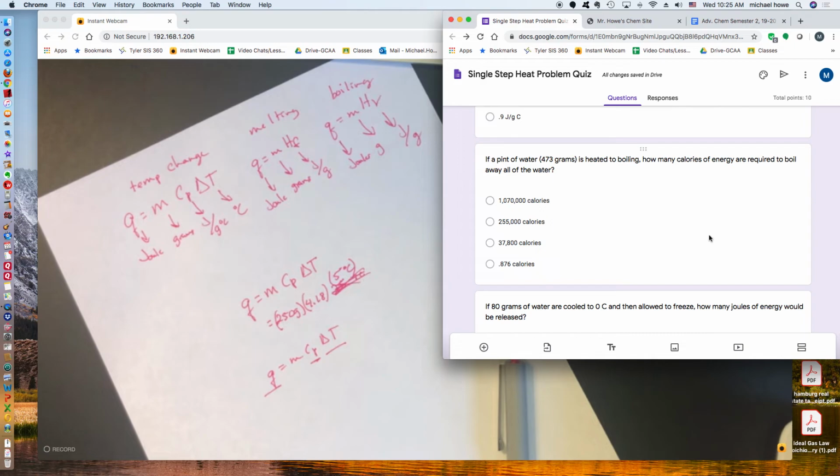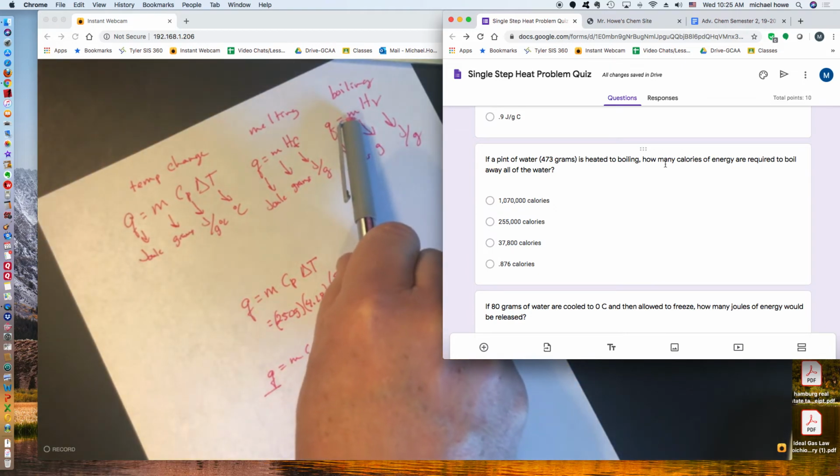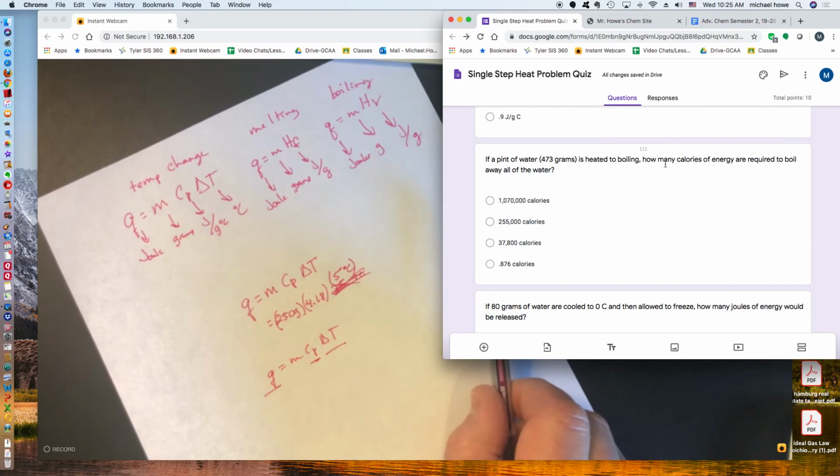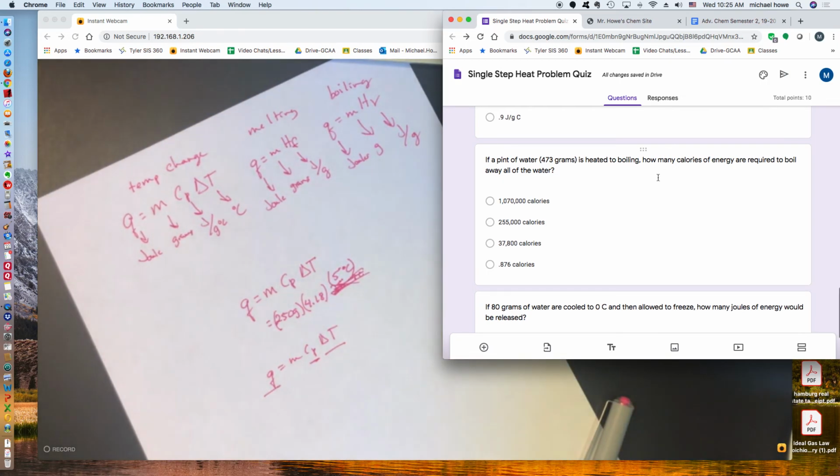And down here, when you're at the boiling point, which formula will you use? Use the one for boiling. So when you run into a problem where you're at the boiling point or you're at the melting point, then you use one of these two formulas. All right, hope that little quick review helped.